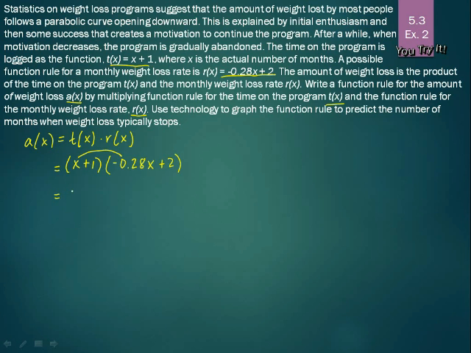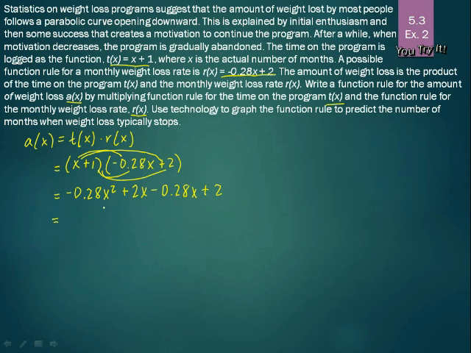So x times negative 2800 x gives us negative 2800 x squared. X times 2 gives us plus 2x. 1 times negative 2800 x gives us negative 2800 x, and 1 times 2 gives us plus 2.